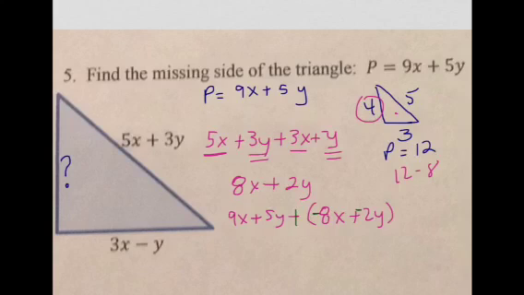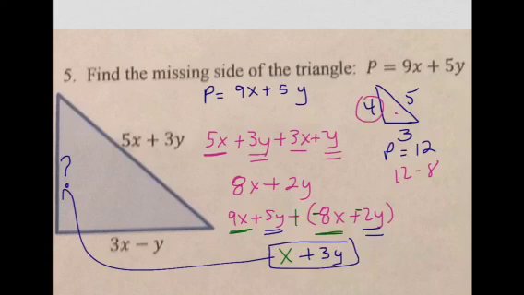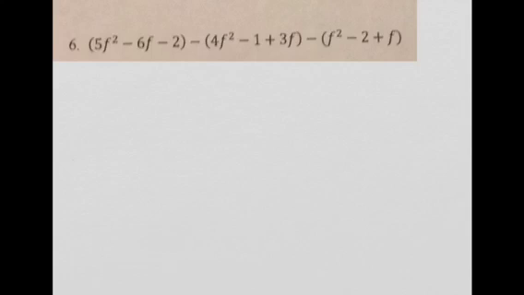So now we have 9x and negative 8x, and that's going to give us just x. And then we have positive 5y and negative 2y, which is going to give us plus 3y. So that would be the binomial, that would be the length of this side.